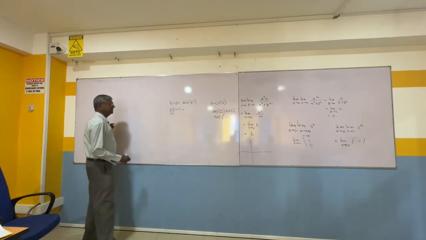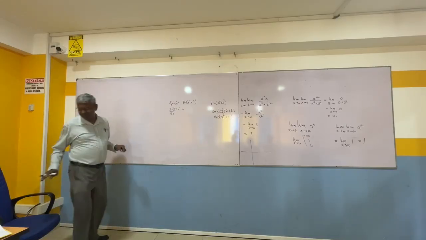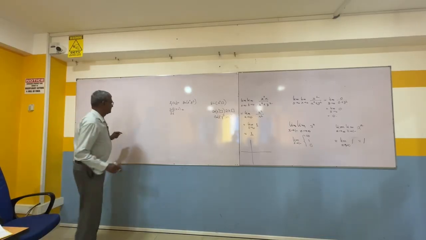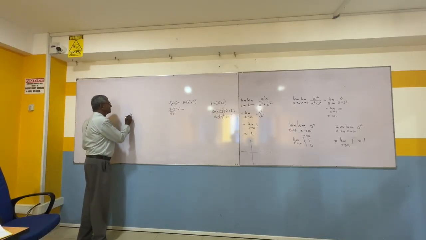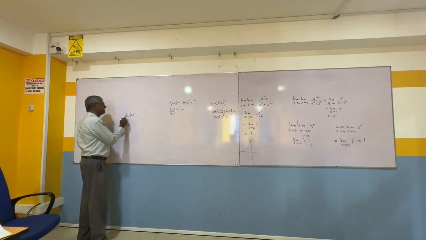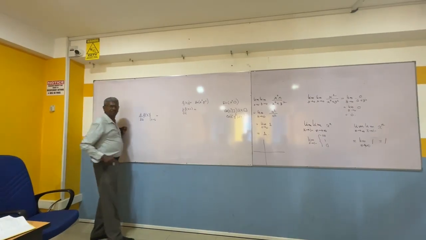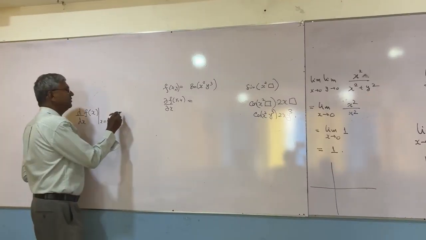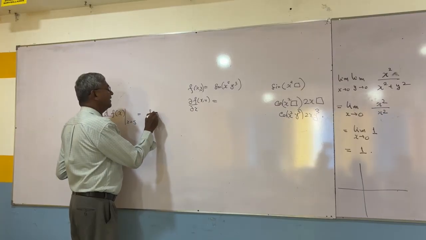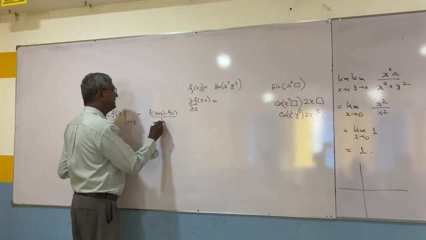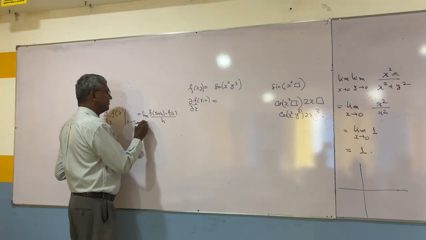Sometimes, however, you have to use the definition. D by dx of f(x), say at x equals 5, means you have to evaluate the limit of f of 5 plus h minus f of 5, divided by h, as h tends to 0.